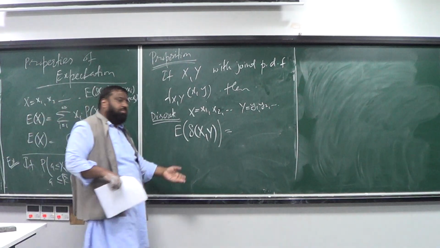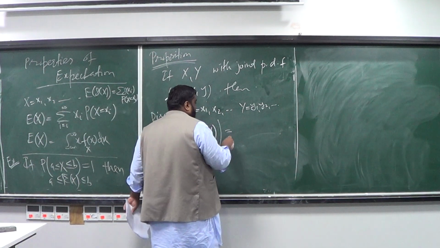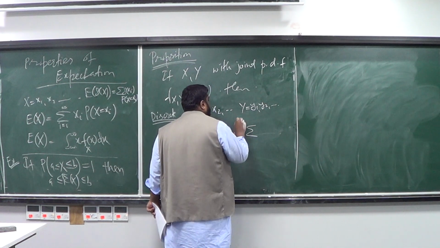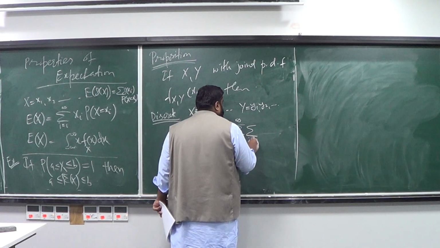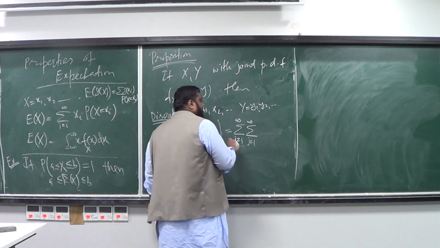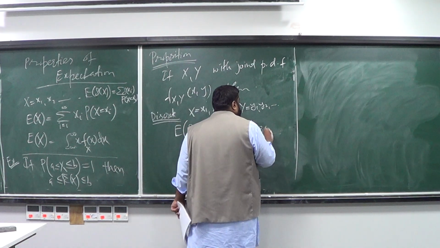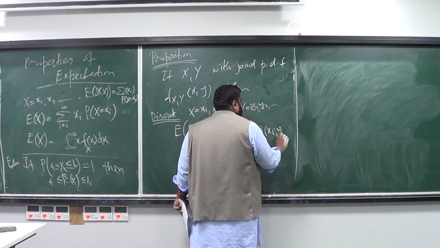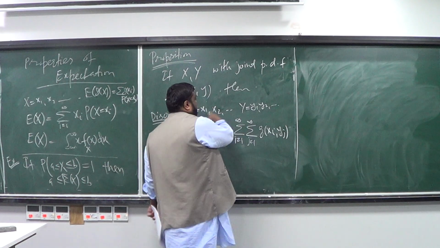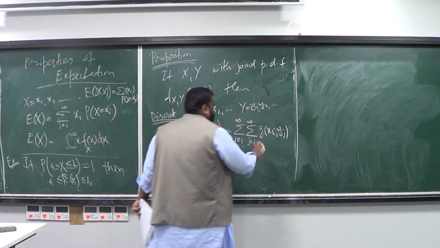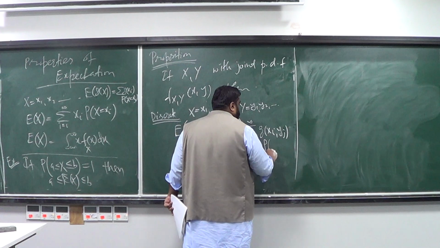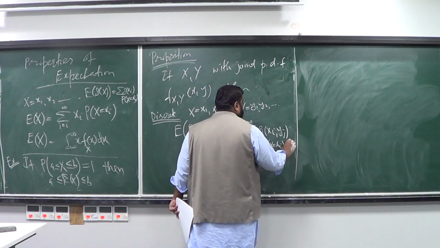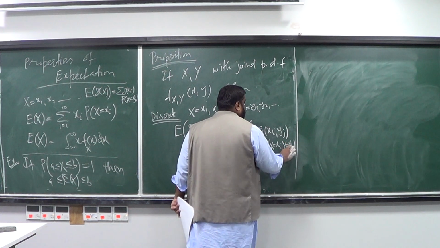So you can have precisely the same case here, where you have a double sum. Say i goes from 1 to infinity and j goes from 1 to infinity, and you evaluate g at xi and yj, all possible ordered pairs, and multiply them with the probability that x is xi and y is yj.